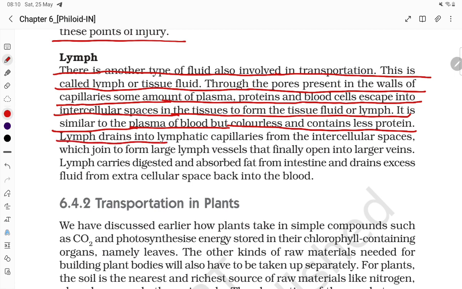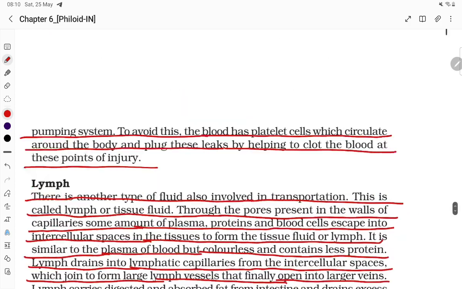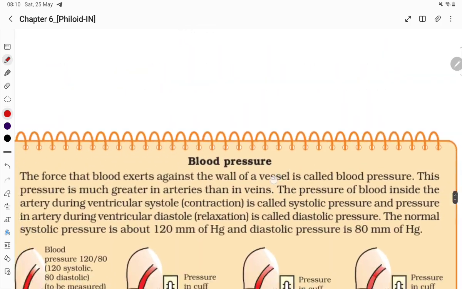Lymph drains into the lymphatic capillaries from the intercellular spaces, which join to form large lymph vessels that finally open into larger veins. Lymph carries digested and absorbed fat from the intestine and drains excess fluid from the extracellular space back into the blood.